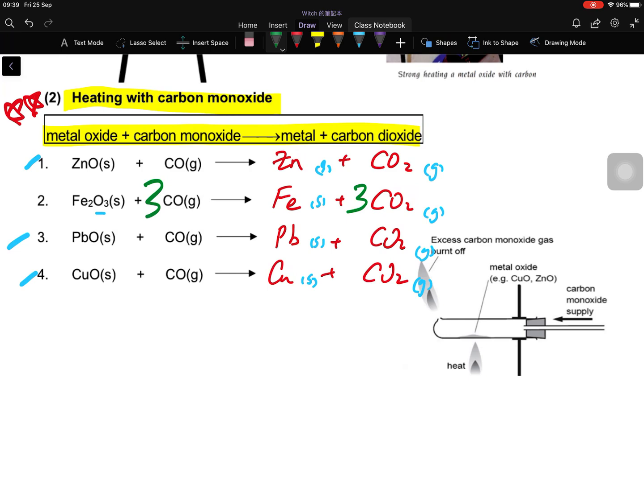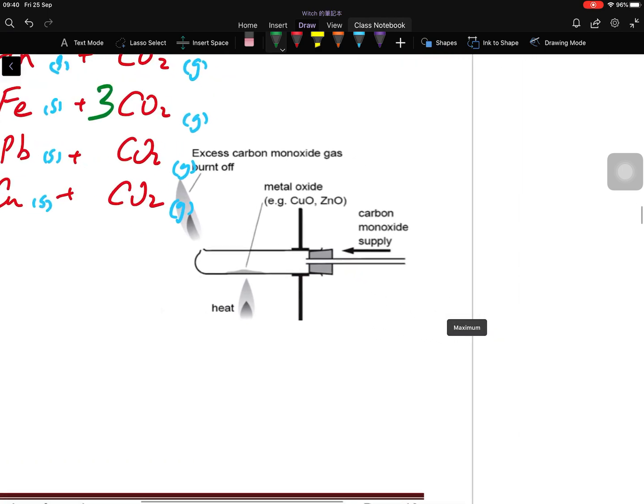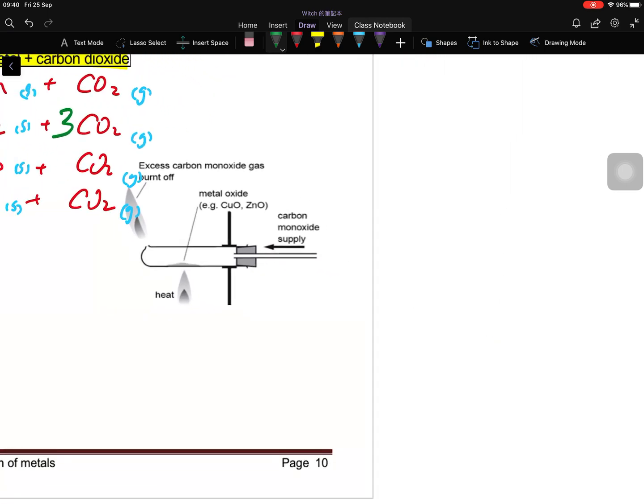Understand? Now we have finished balancing the number of O. Then we have 2 iron on the left hand side, so we should form 2 iron metal also, right? And we finish.